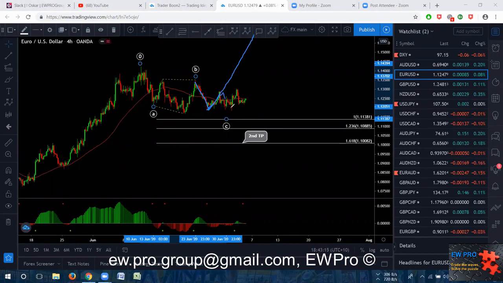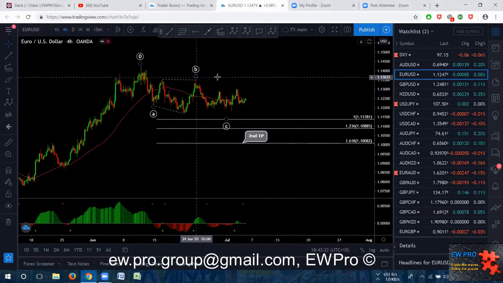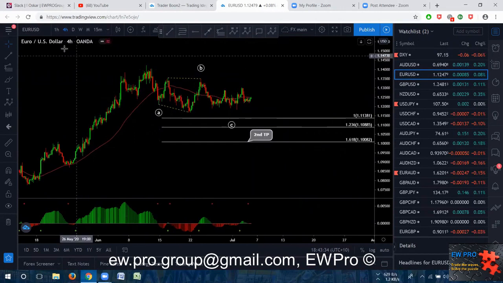Instead, it's giving us choppy movement again. So it's telling me that we're getting a much more complex correction in here. So it's going to be pretty tricky. And same as AU, I'm only looking for the sells. I think the larger correction, the larger impulse will be the sell.